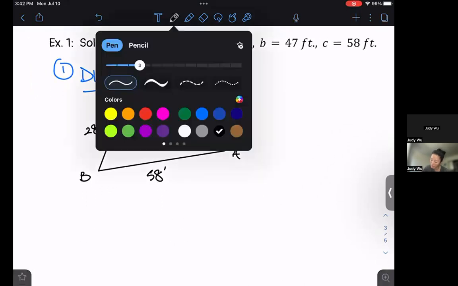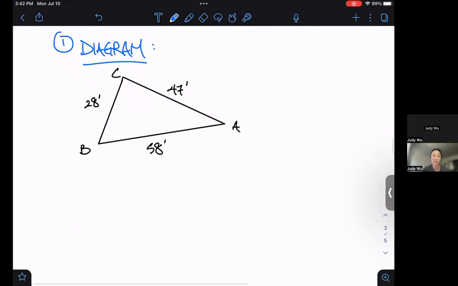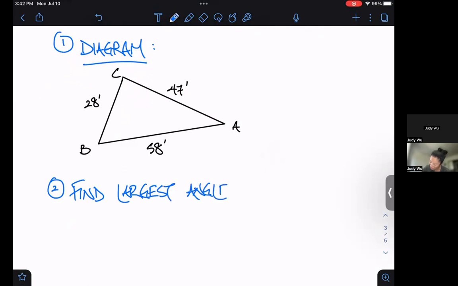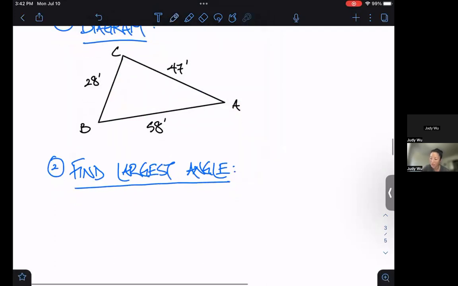In general, it is a good rule of thumb to find the largest angle first. We're going to remind ourselves that the largest angle is always opposite the largest side.